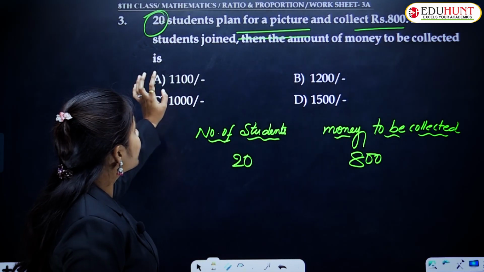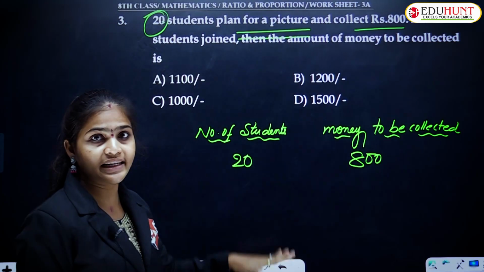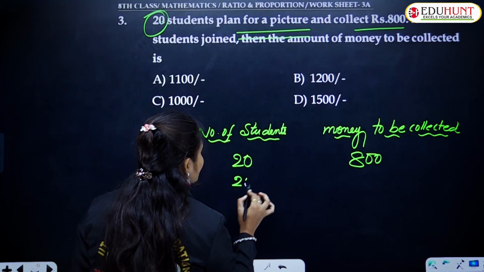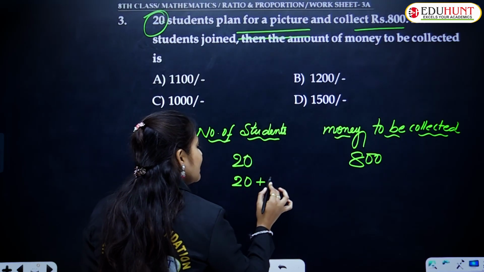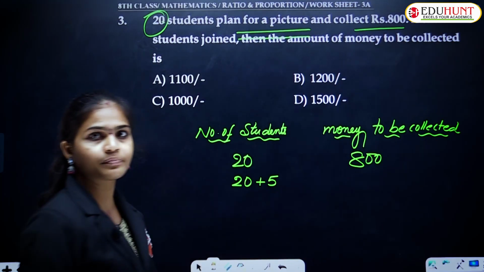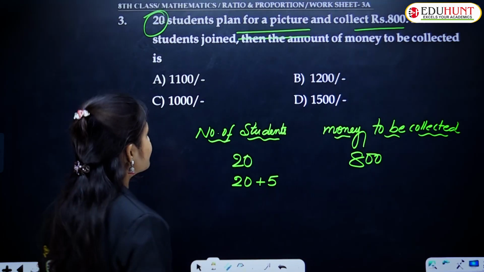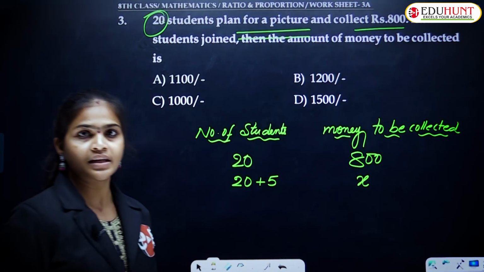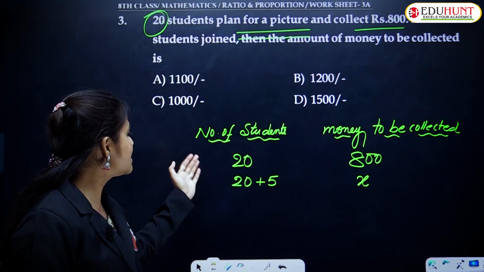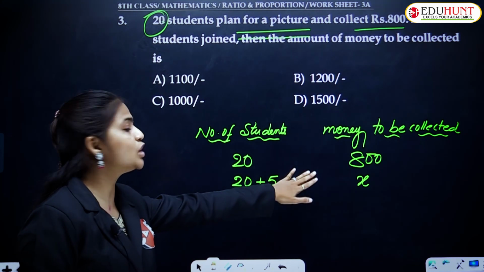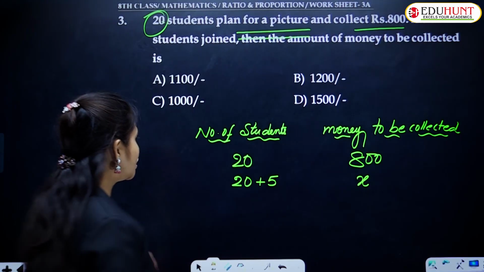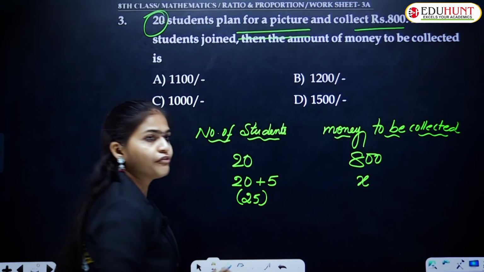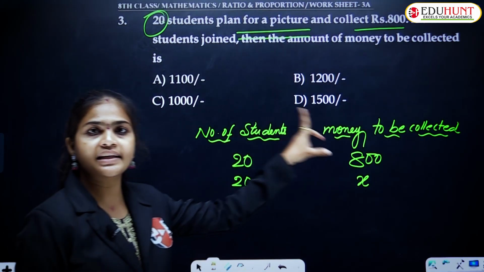Now another sentence: if 5 more students joined, which means 20 students are already there, along with them 5 more students joined, then how much amount is to be collected? This is the question. So 20 plus 5 is 25. If 20 members are planned, then they collected 800 rupees.